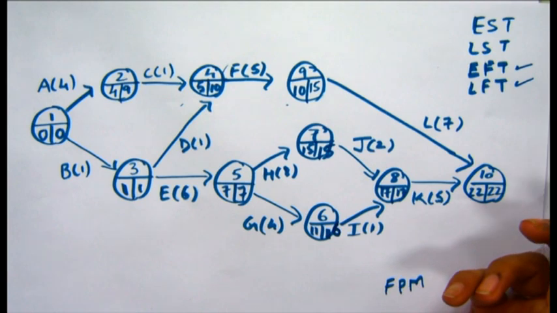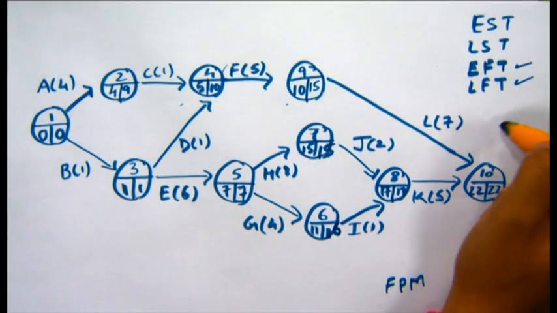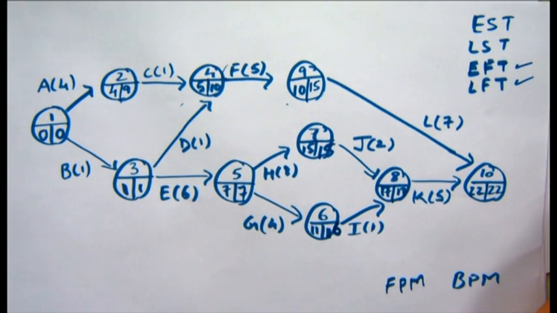So this is how we calculate the different times for all the activities when we are given the logical sequence of all activities with the duration of all the activities. I hope it is very clear to understand how to calculate the different times after we have a network diagram.